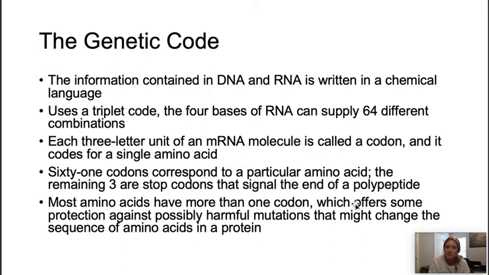There are 61 codons that correspond to a particular amino acid. The remaining 3 are stop codons. The amino acids may have more than one codon, which offers some protection against possibly harmful mutations that can occur if the sequence of the amino acids is messed up in that protein.